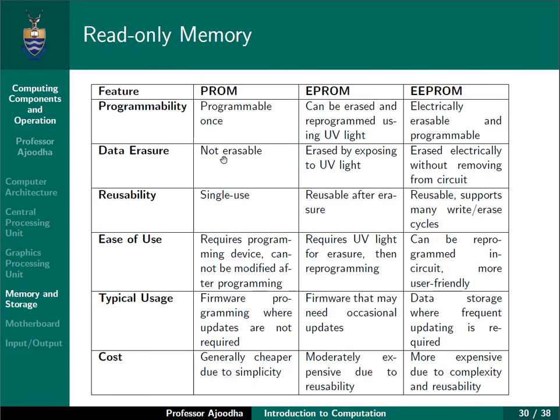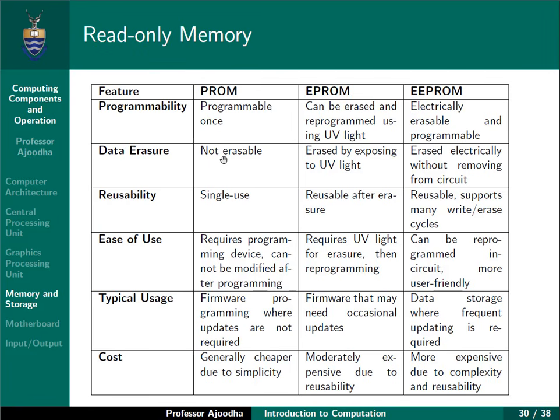Some ROM you can reprogram by erasing it using UV light, and some ROM you can erase electrically, so obviously it comes with different advantages and disadvantages. For example, the EEPROM can be electrically erased and programmed.